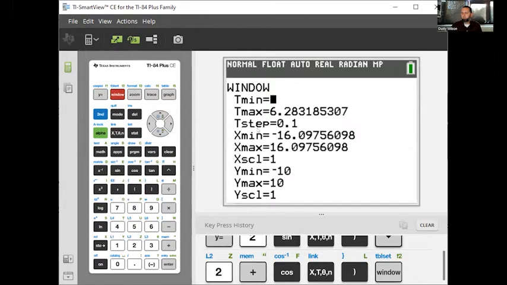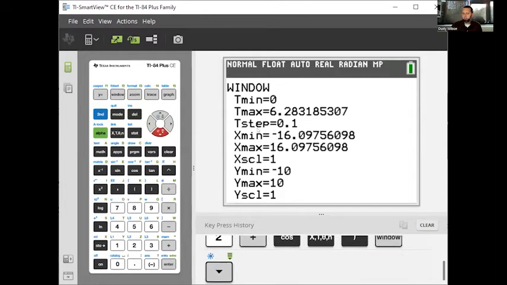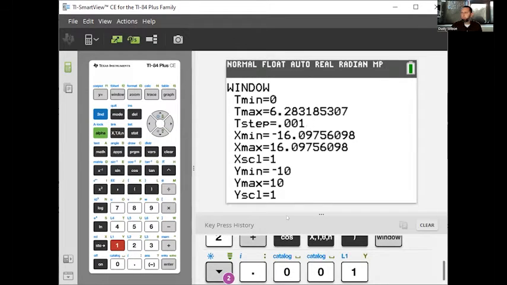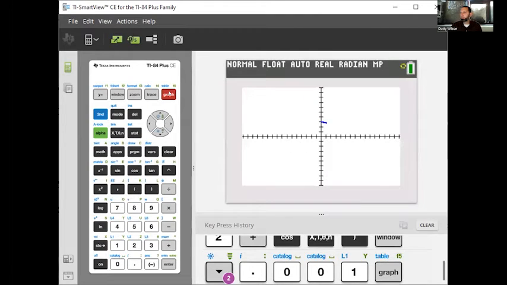I'm going to again slow down my step size by changing my t-step and making it smaller. Again, it just slows down the graphing process so we can see what happens. We're still with the square window.